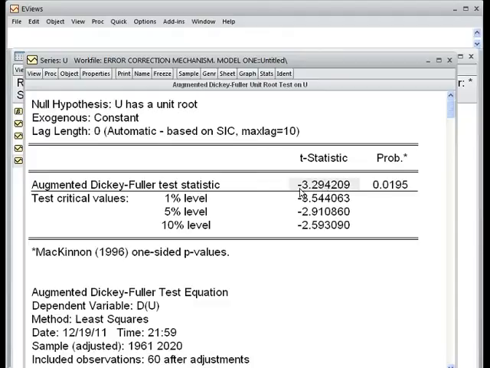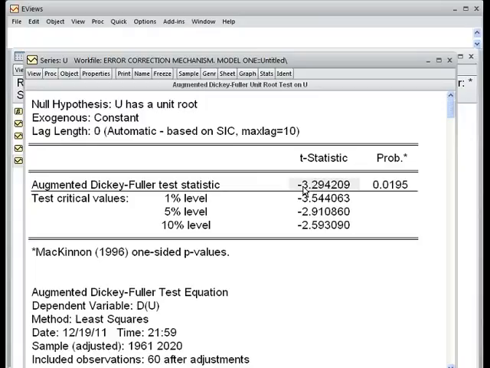Absolute value means we ignore the sign, right? The absolute value 3.29 is greater than our Engle-Granger critical value, which is 3.04.